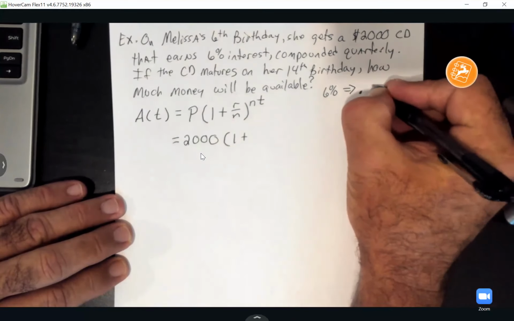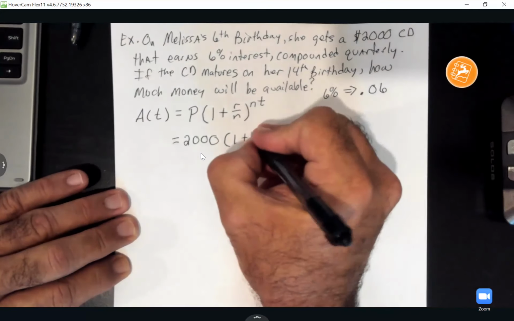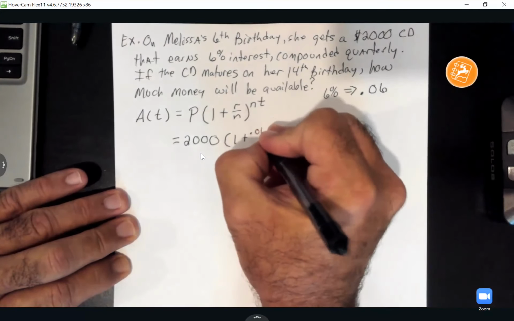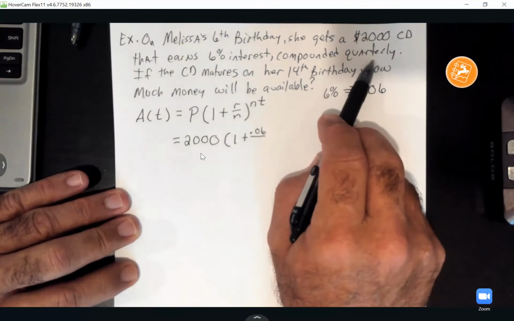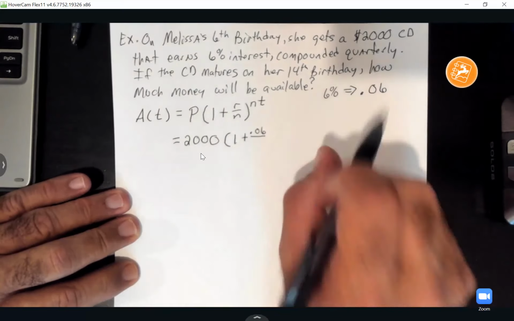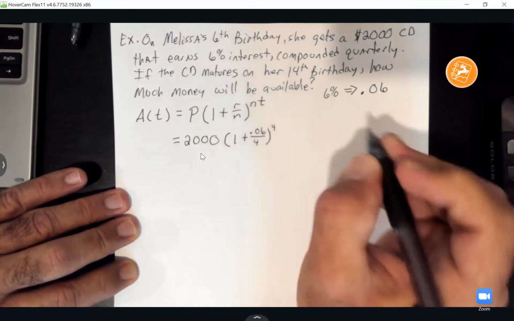And that'd be what, a 0.06. So we got 0.06. My N, my number of compounds, is quarterly again, so that's going to be 4. So then I put my 4 out here.